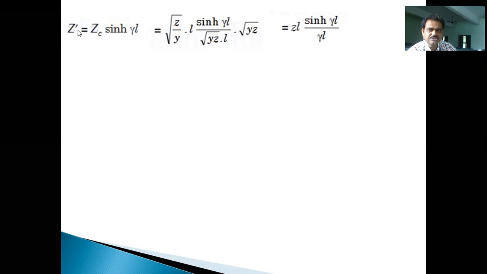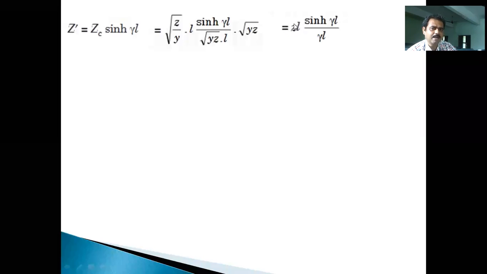Where z dash is the series equivalent impedance in nominal pi, which is equal to, what is z? Small z is the impedance per unit length of the transmission line, multiplied with length L. So it gives the total impedance, that is capital Z, the total series impedance of the transmission line.